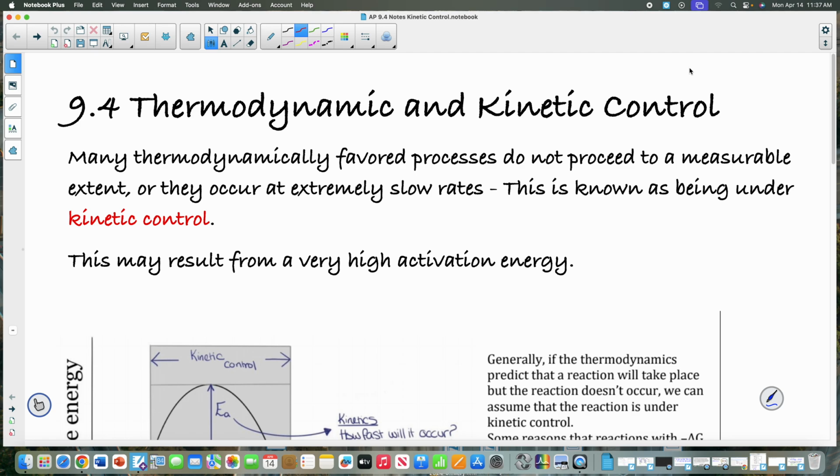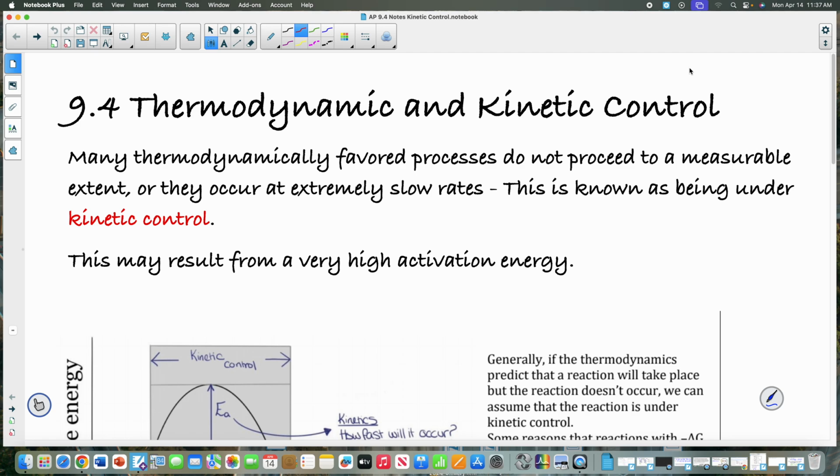All right, so just because something is thermodynamically favorable does not necessarily mean that it's going to happen instantaneously. Think about carbon turning into diamonds. Everyone's like, if it can happen and it's thermodynamically favorable, which that is, why can't we just crank out diamonds all the time? Well, because it takes, I don't even know how long it takes.